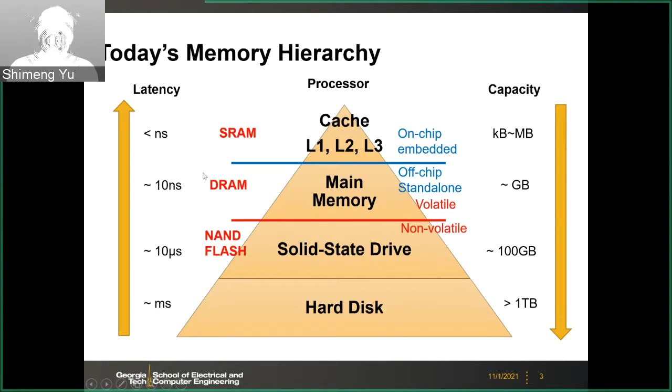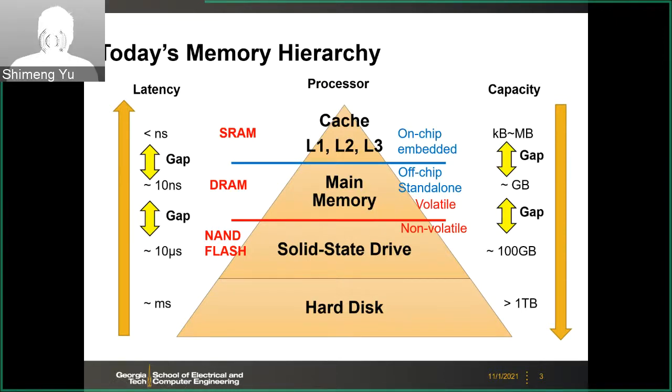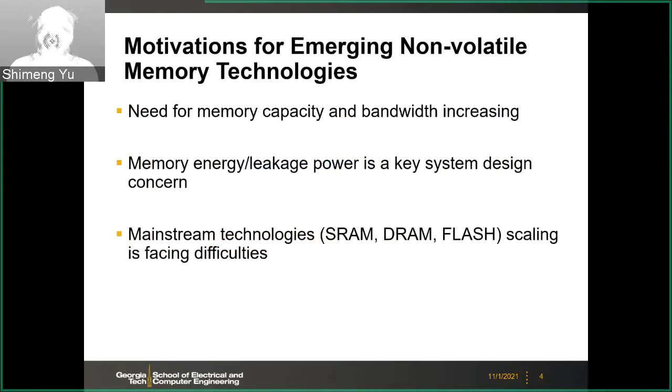That's why emerging non-volatile memory may play a role in those gaps between those levels. We do see those gaps in terms of the latency, speed, or the capacity.